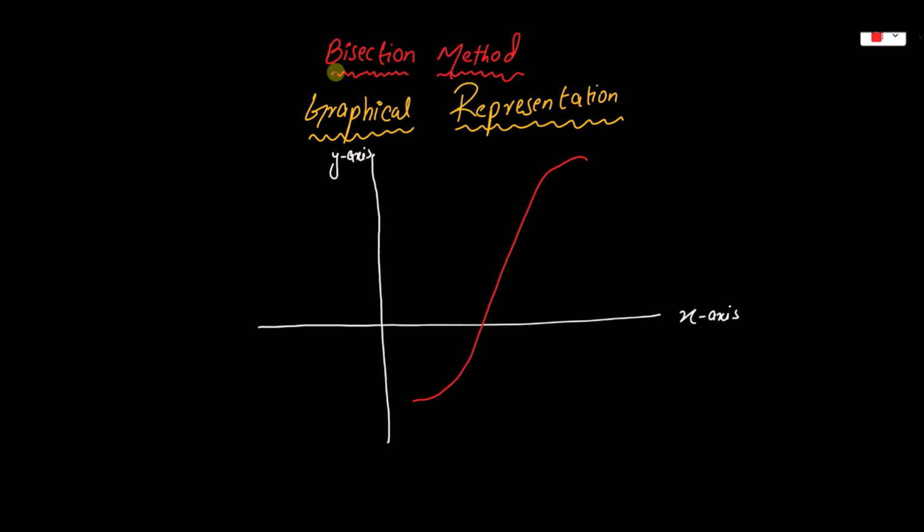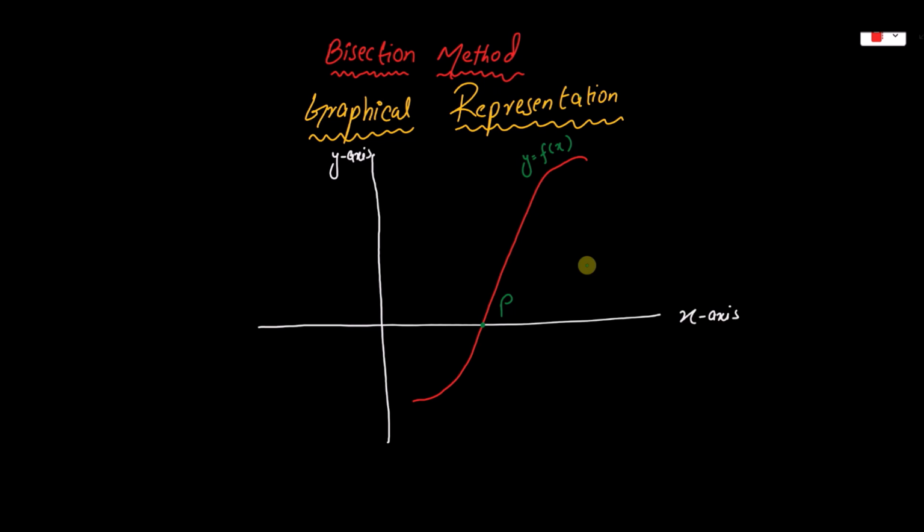The graph shows the function y equals f of x, plotted on a Cartesian plane with clearly marked x-axis and y-axis. The curve crosses the x-axis and we call that point P, indicating that there is a root in this region. Now our objective is to locate the precise x value where f of x equals 0 using the bisection method.